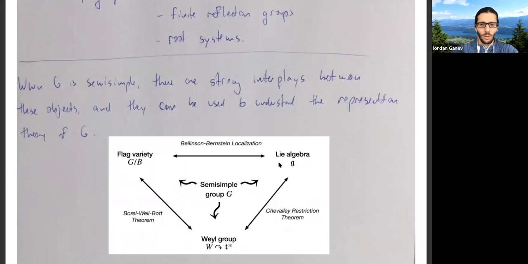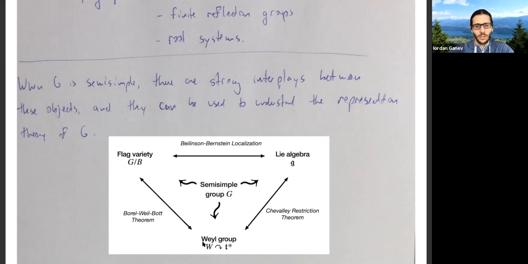As I said today, the Lie algebra is related to this Weyl group action on the reflection representation through the Chevalley restriction theorem. The center of the universal enveloping algebra is functions on the quotient space. And the Borel-Weil theorem connects the equivariant line bundles on the flag variety with this Weyl group action.